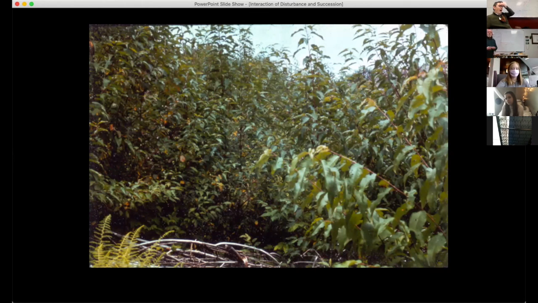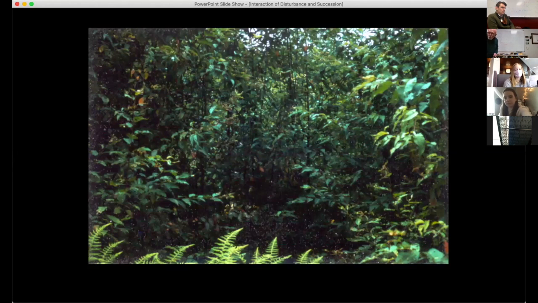But what's happening to light levels? Light levels are decreasing. Light levels are decreasing quite a lot. And what's happening to nitrogen levels in those soils underneath all those trees? They're increasing. Nitrogen levels are going up. And we get further and further into this chronosequence. Now, what's happening at ground level in this photo?